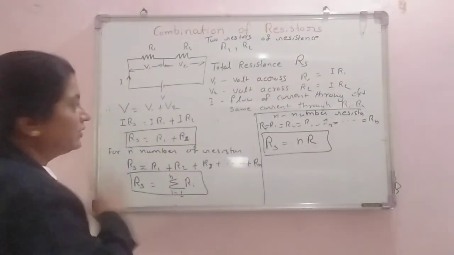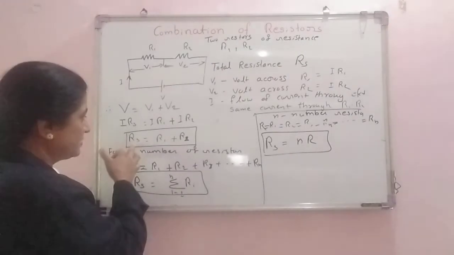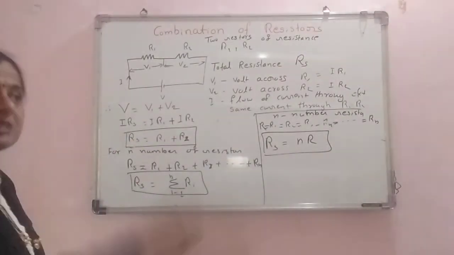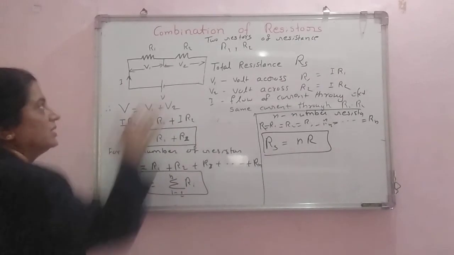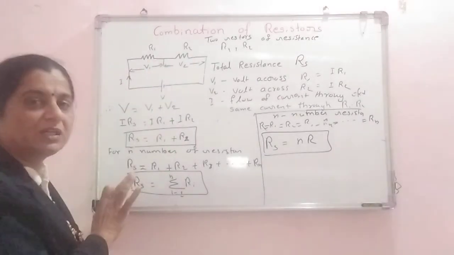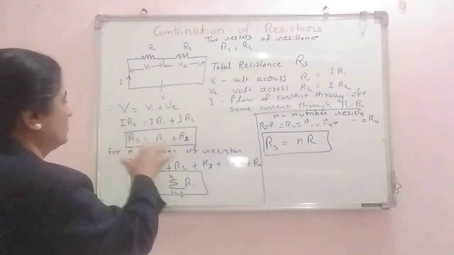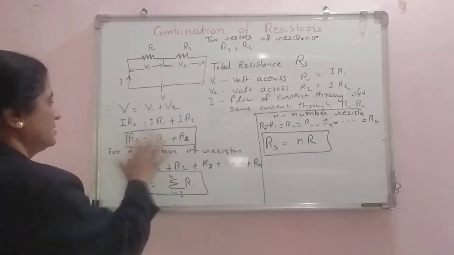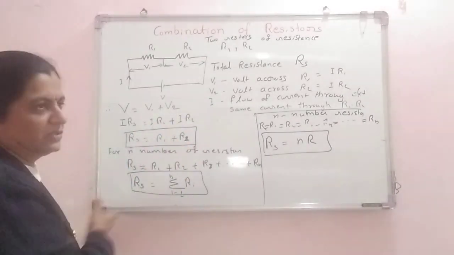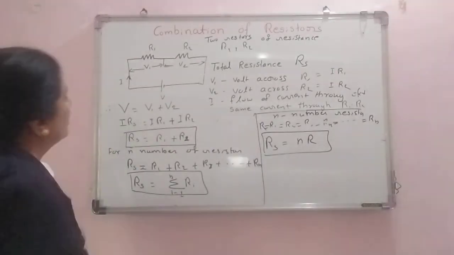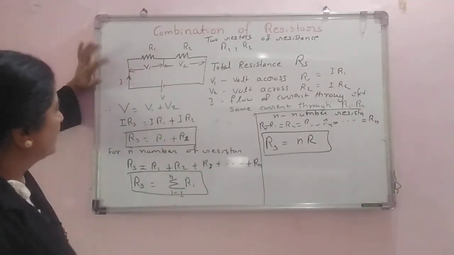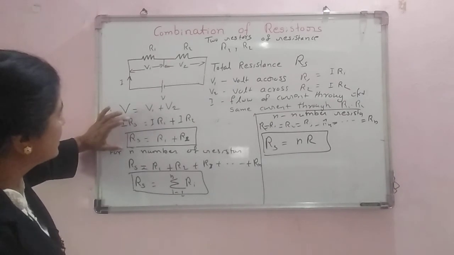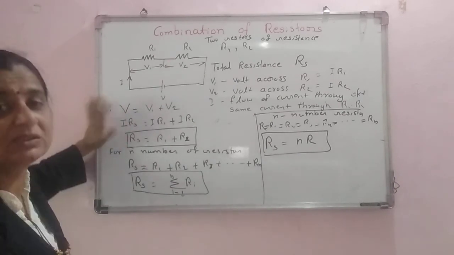If you want to increase the equivalent resistance, since Rs is equal to R1 plus R2, the total resistance of the circuit will increase. So to increase the value of resistance in the circuit, we have to use the series combination of resistors.